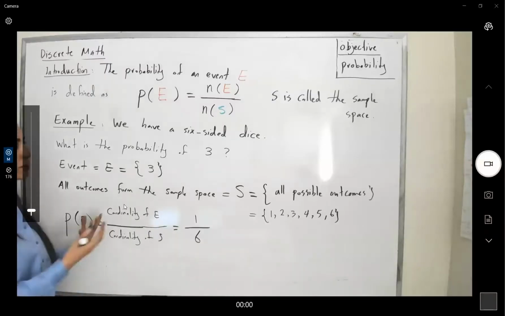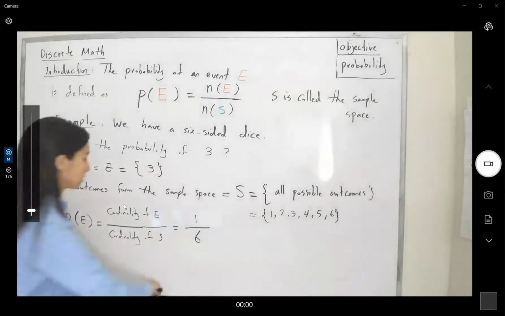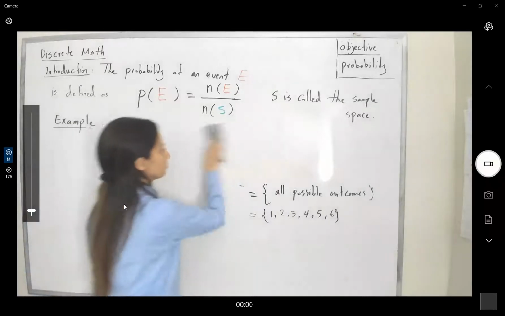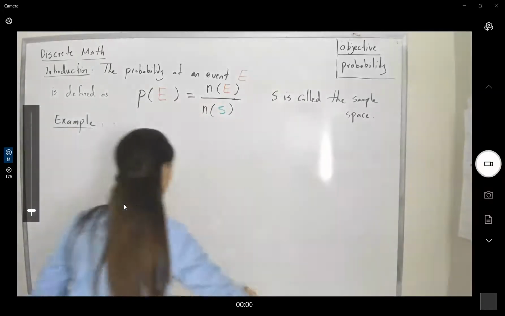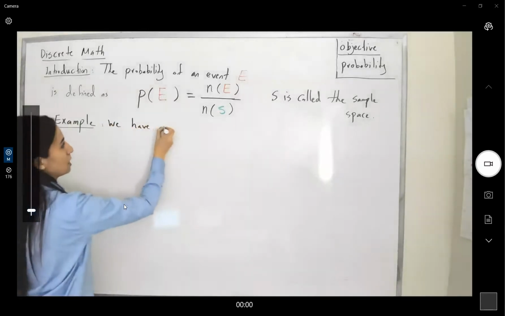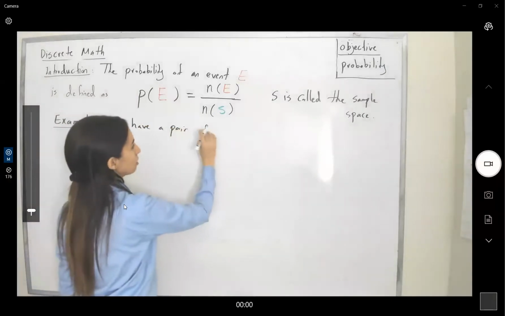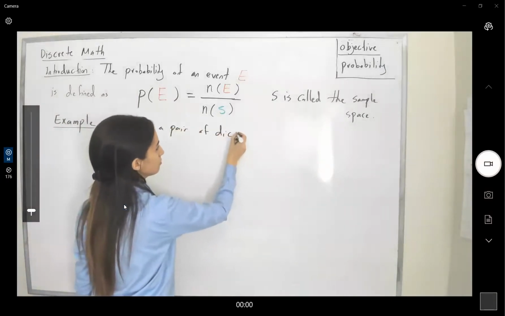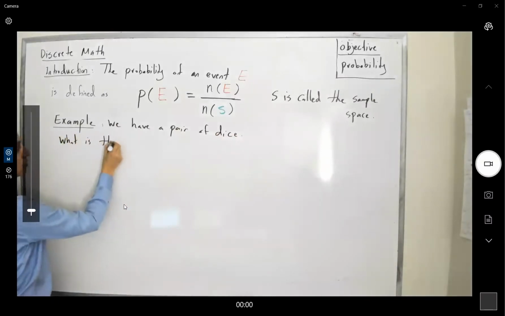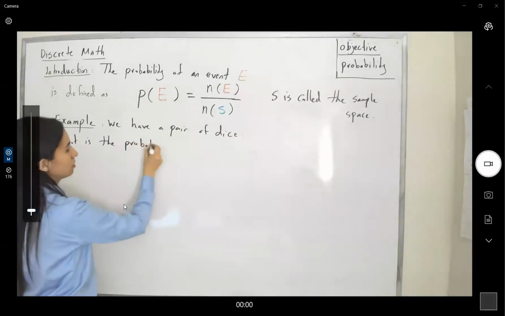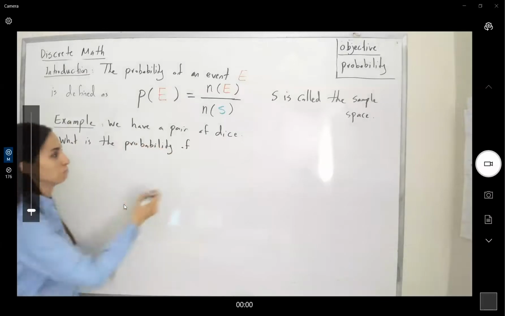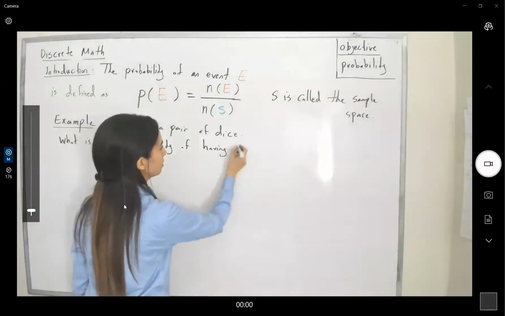Now suppose you have a pair of dice. What is the probability of having, for example, 11?